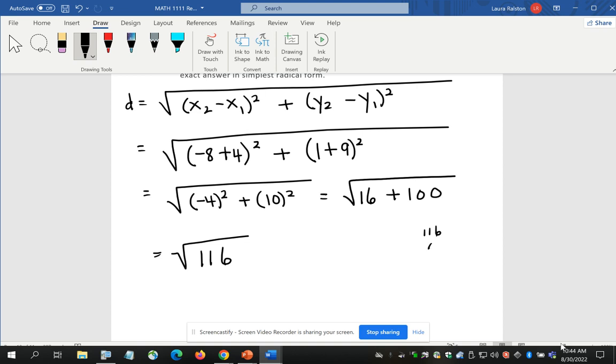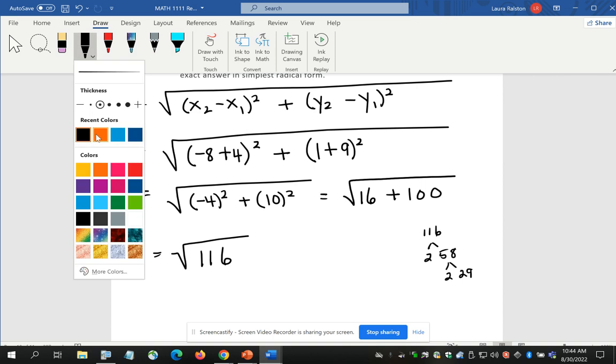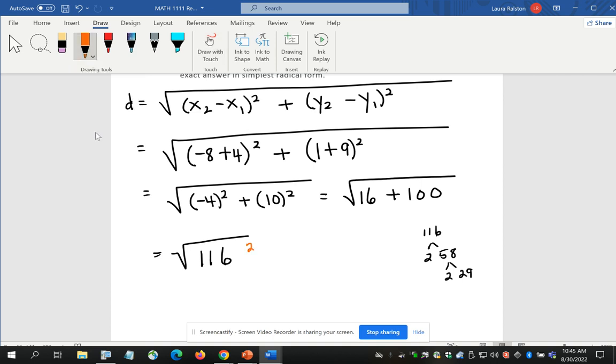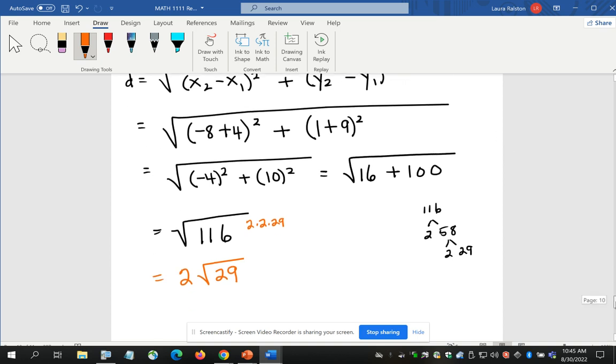If I check that out, that's 2 times 58. 58 is 2 times 29. So I have 2 times 2 times 29. Okay, so I have a pair of 2's, so this simplifies as 2 on the square root of 29. And that would be your most appropriate answer in simplified radical form.